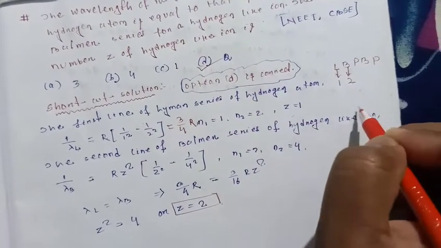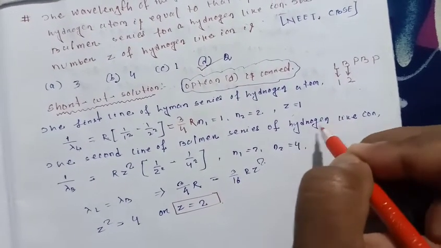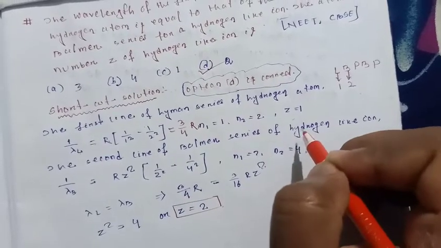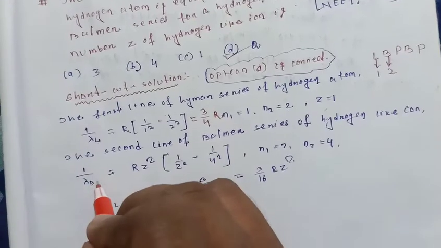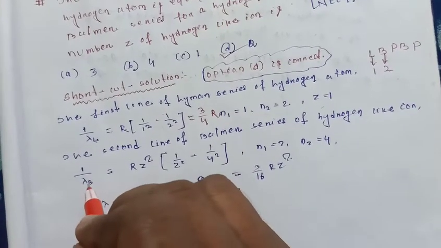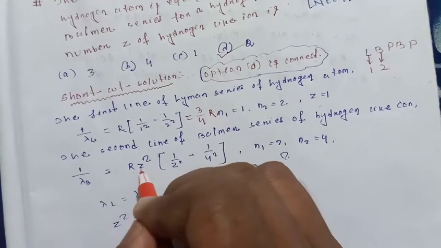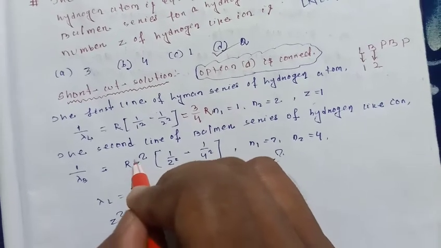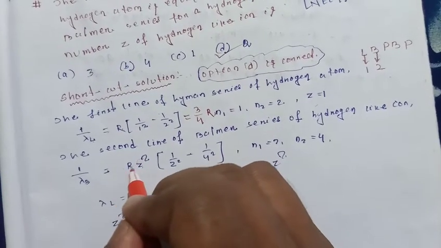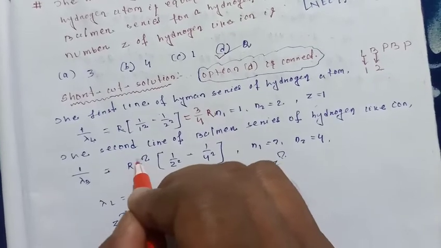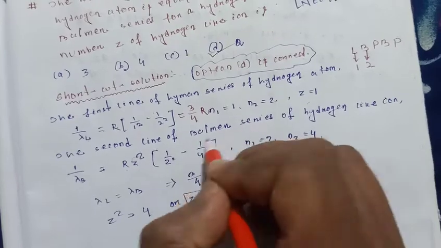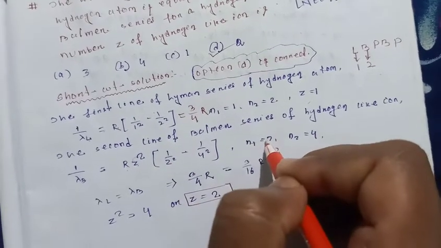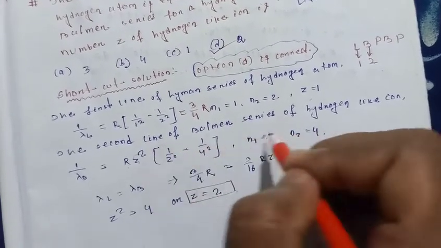We have to calculate the value of Z here, for the hydrogen-like ion. So 1 by lambda B, the wavelength of the Balmer series, equals R, the Rydberg constant, times Z square, where Z is the atomic number. We have to find only the value of Z. Here N1 is 2 because it is the Balmer series, and the second line means N2 is 4.